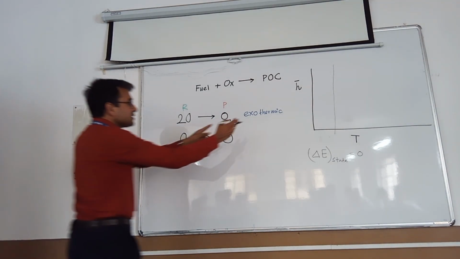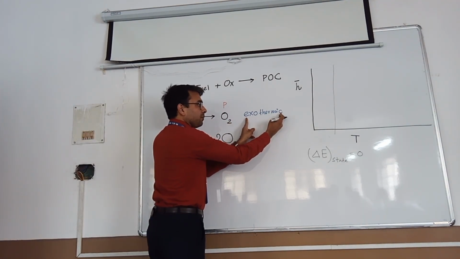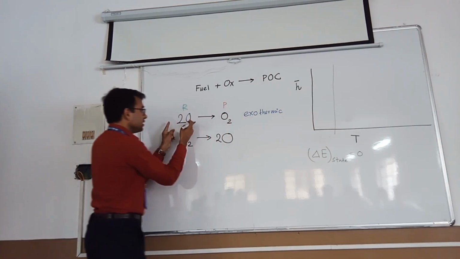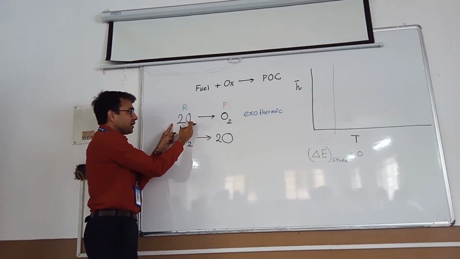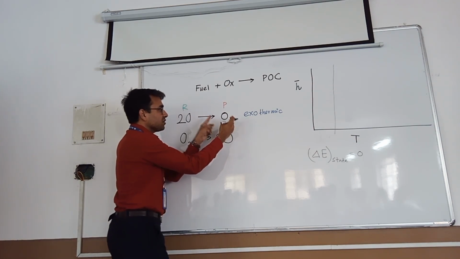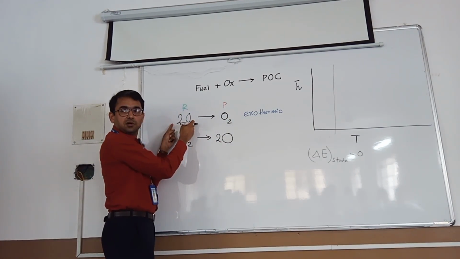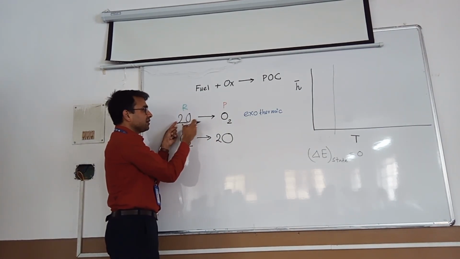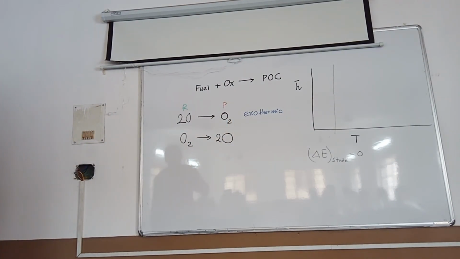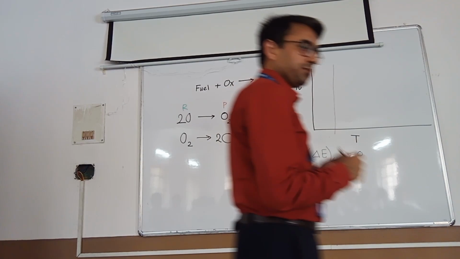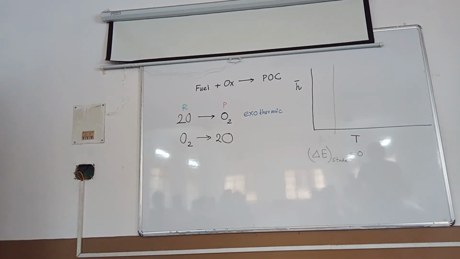Therefore, chemical energy of reactant is more than chemical energy of product, because this plus this is equal to this. Therefore, chemical energy of the reactant is more than chemical energy of the products for an exothermic reaction, right?